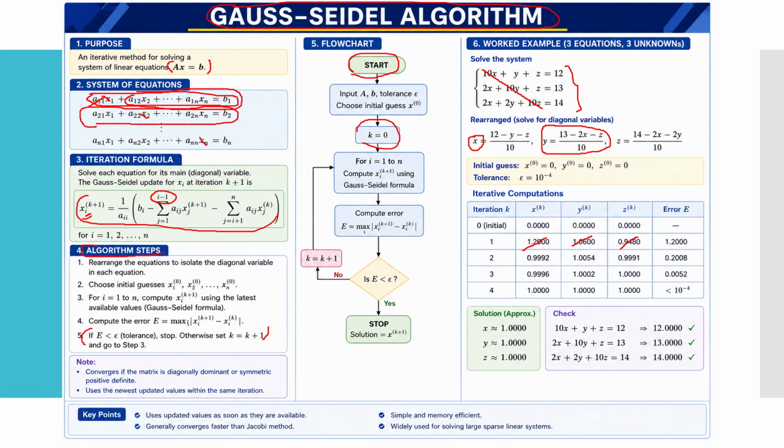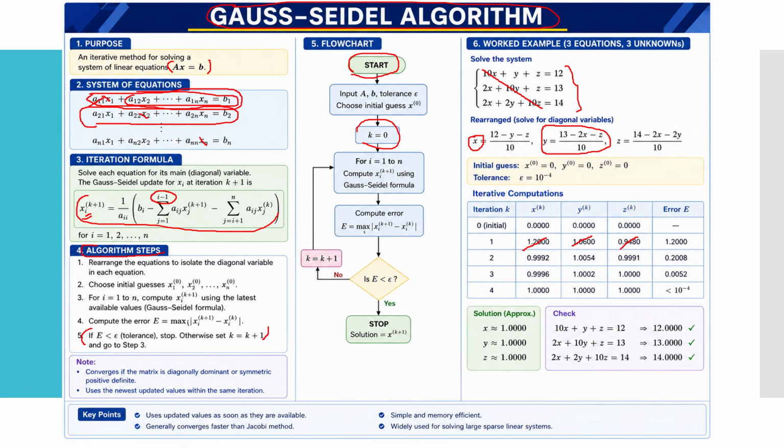So now what we'll do is calculate the error. The error is the difference between the k iteration and the k plus 1 iteration. So if we take the change for the first variable x, the first estimate is 0 and the new calculated value is 1.2, so the error is 1.2.